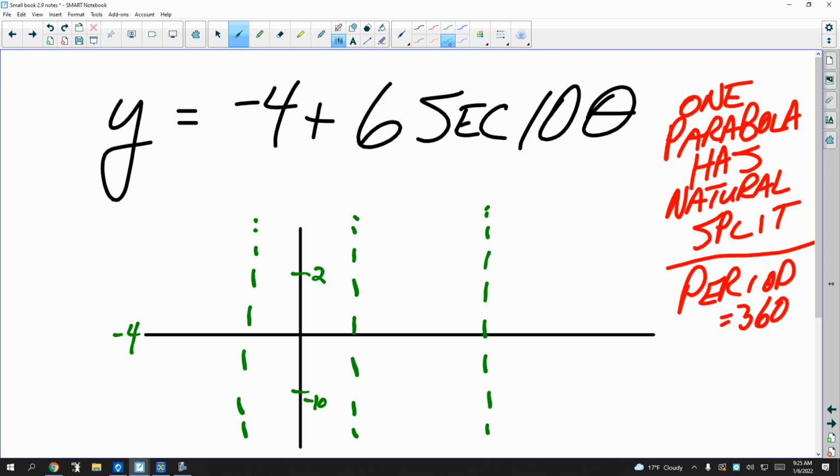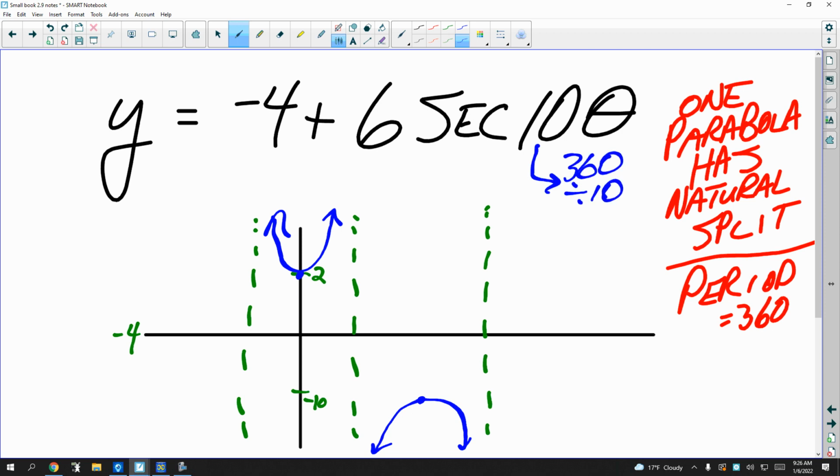Okay, so let's do the easy part first. The graph looks like this. This is the easy part. Now for the asymptotes. Are you ready for it? You're going to take 360 divided by 10 and get 36.